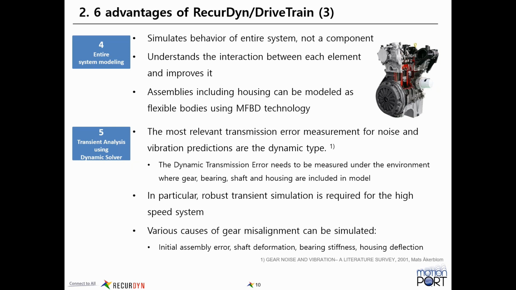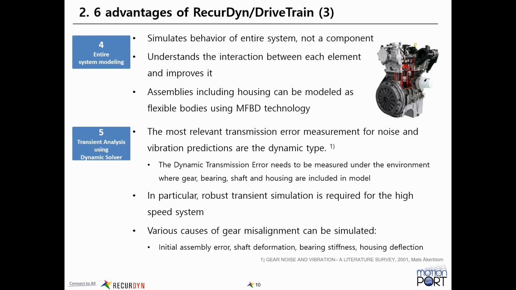Another main advantage is being able to perform transient analysis using a dynamic solver. The literature survey has found that the most relevant transmission error measurements for noise and vibration predictions are the dynamic type.